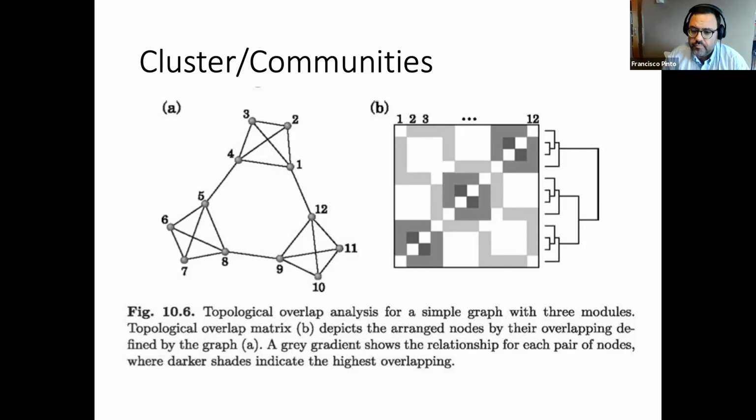But other strategies are, for example, compute the edge betweenness for all the edges in the network. Edge betweenness is similar to node betweenness, counting how many times an edge is part of a shortest path linking all other nodes in the network. And in this case, it is obvious that these edges 4, 5, 1, 12, and 8, 9 would be the edges with the higher betweenness.